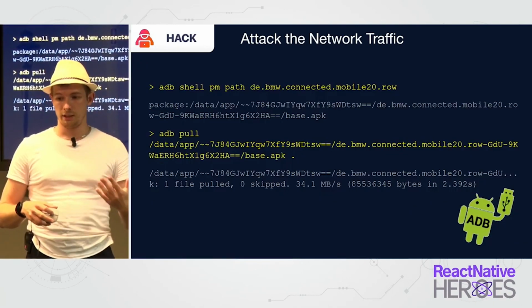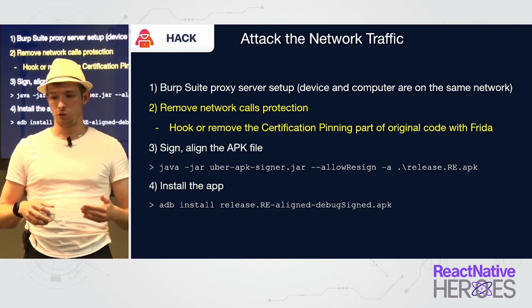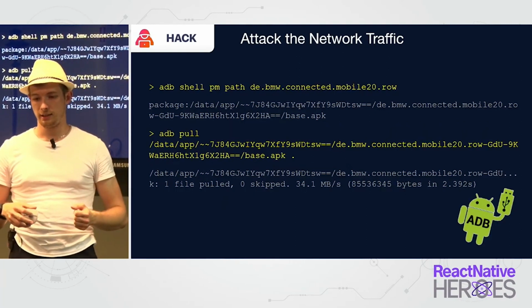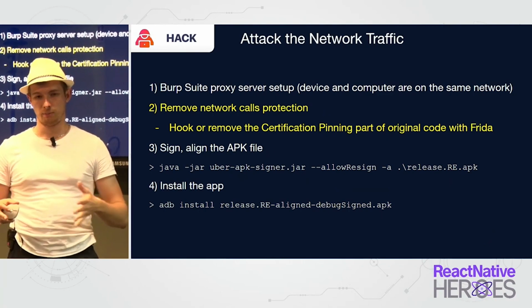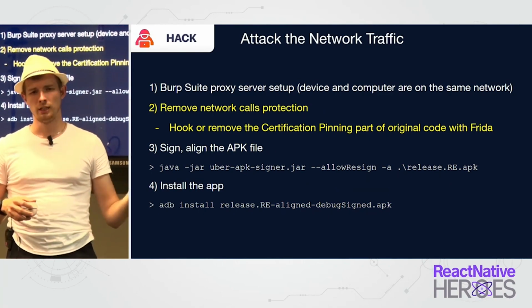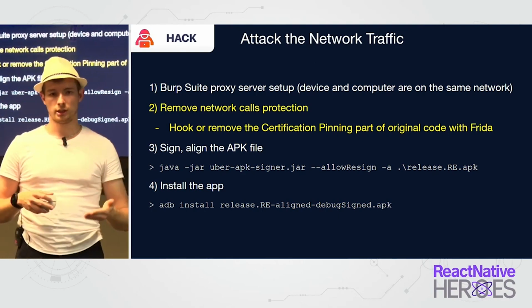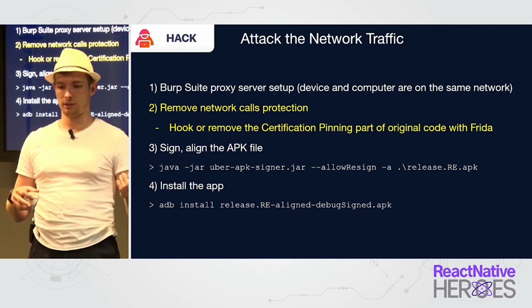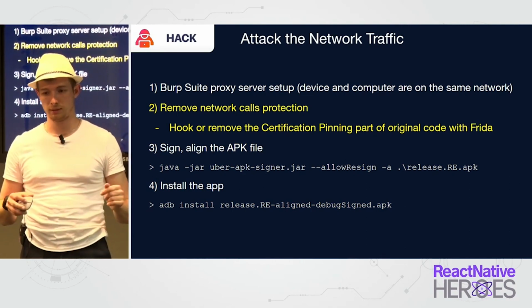Again, I inspected the application, opened it, checked how it looks inside, and then I set up my Burp Suite and connected my device, an emulator in this case, to this Burp Suite so I could intercept the network traffic. Again, I needed to do these 4 steps and I was done.